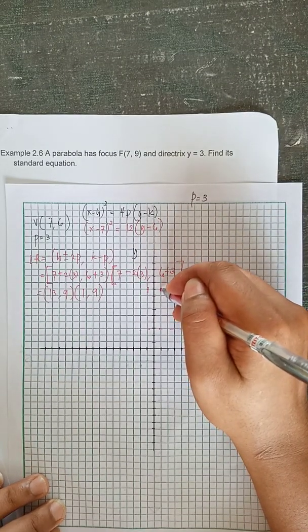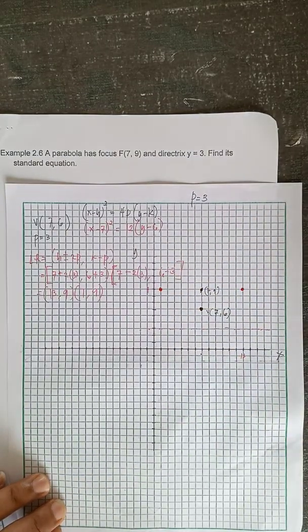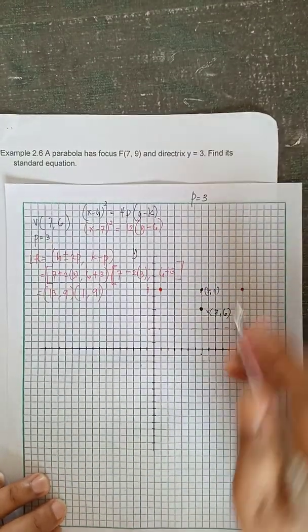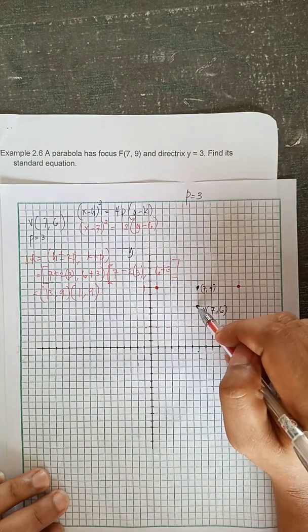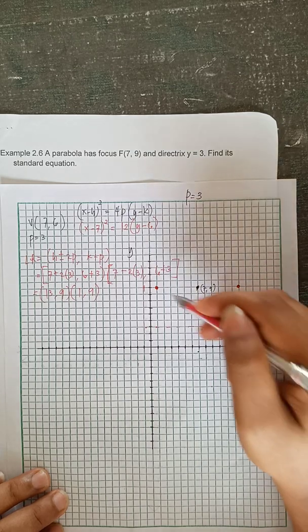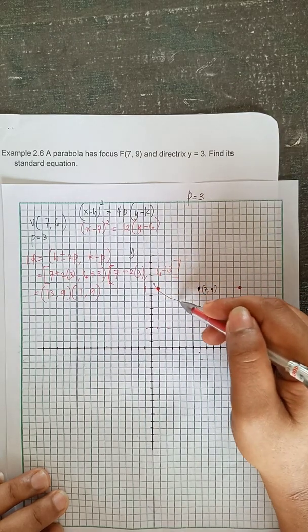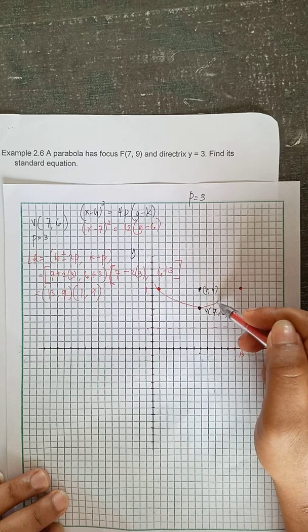So we have the latus rectum, and we can now graph the parabola by connecting the points created from the latus rectum as well as the vertex, which is the turning point.